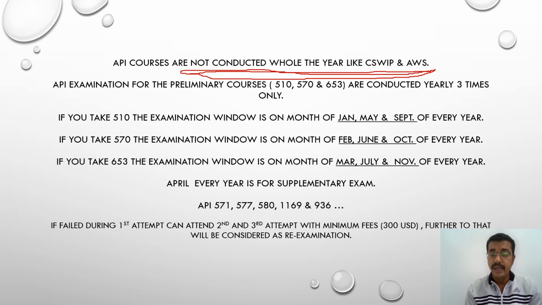In the Gulf, India, Pakistan and Bangladesh, you will find a lot of institutes that do sponsorship with the CSWIP and AWS bodies and conduct the exam by themselves. But in API, it is completely different. There is no sponsorship at all for API. API exams only happen 3 times a year. API preliminary courses 510, 570, 653 are conducted 3 times yearly.